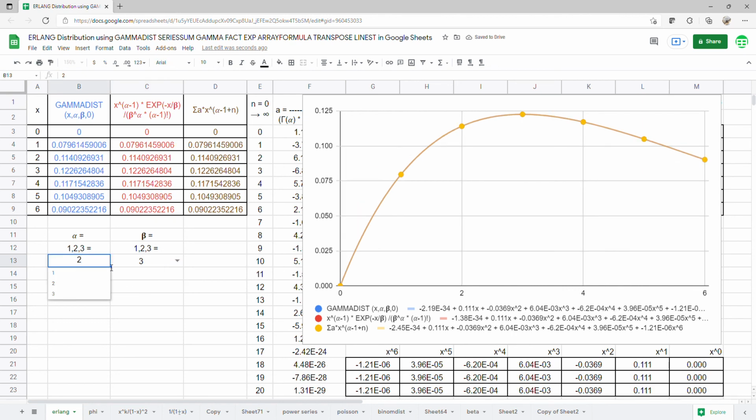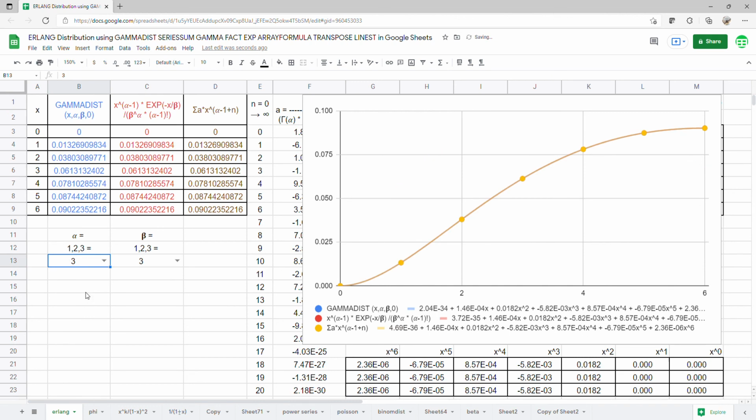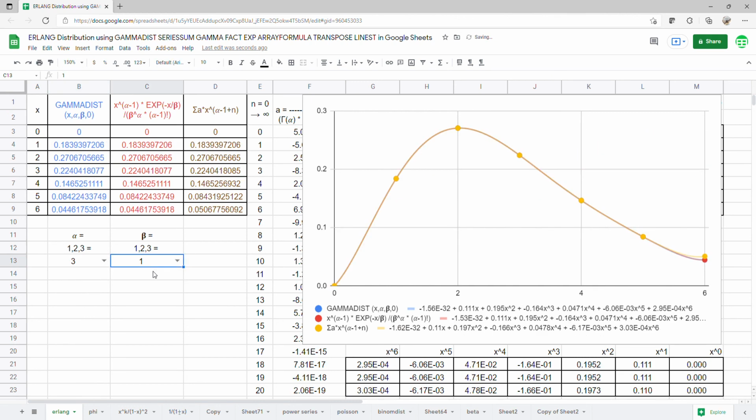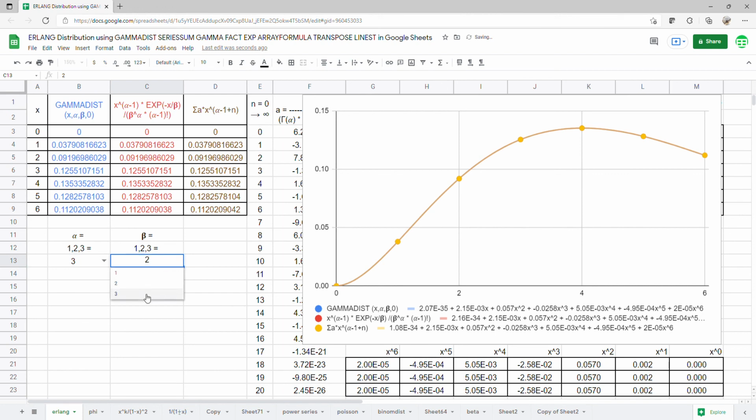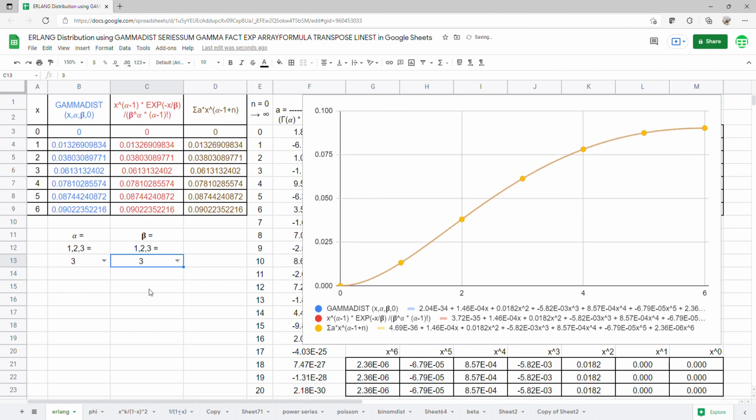And our alpha equals 3, starting at beta equals 1, 2, and 3. This completes the use of the Taylor series expansion, SERIESSUM, LINEST polynomial regression, and the GAMMADIST to show the difference with the Erlang distribution. So the Erlang distribution is the same as the gamma distribution for integer values of alpha.